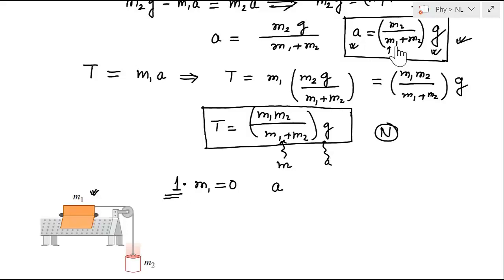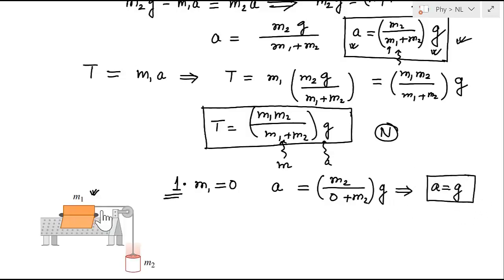So a equals m2 divided by 0 plus m2, multiplied by g. This gives a equals g, and that makes sense. If there is no mass, this means mass m2 will fall freely under gravity. The acceleration of mass m2 will be g.